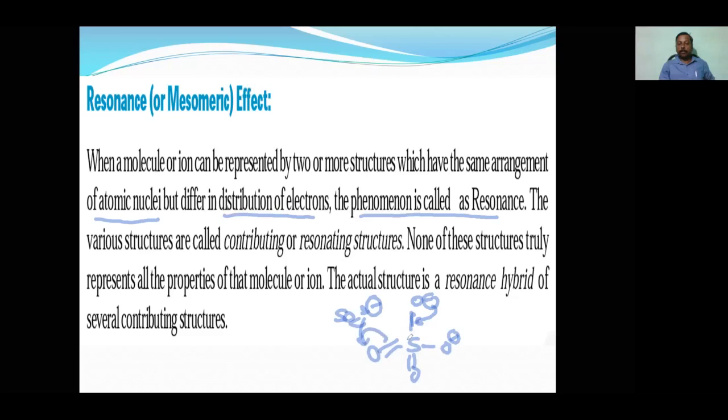Likewise, it can keep on migrating. We cannot say that the negative charge will always be on these two oxygens. After some time it can be here, after some time it can be here also. So such structures, where we have to draw two or more than two structures, are called resonance structures.